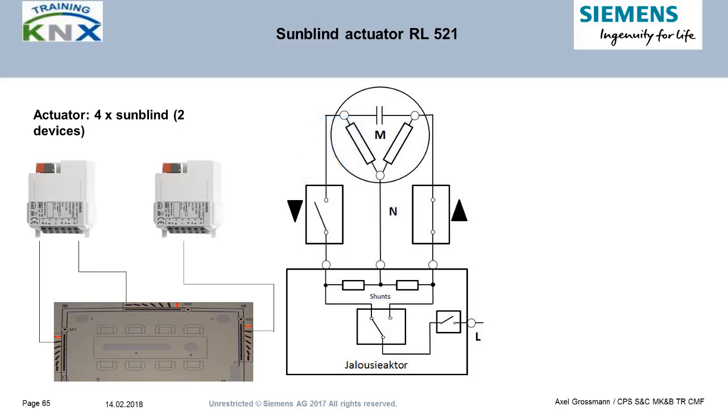As long as the motor is spinning between the end position switches, both are closed. The operation voltage is looped high ohmic through the phase shift capacitor to the other direction terminal. It can be detected by the electronics of the actuator by means of a shunt.